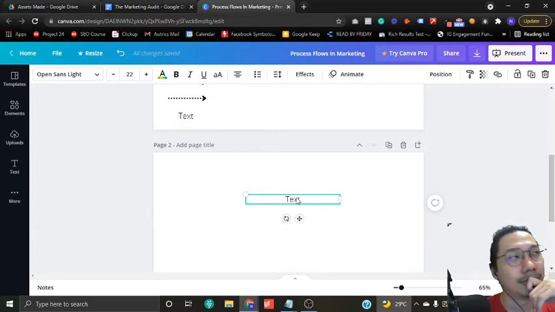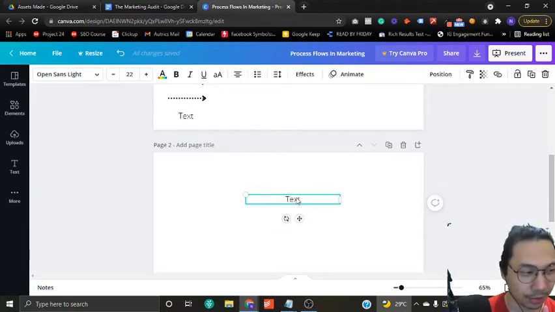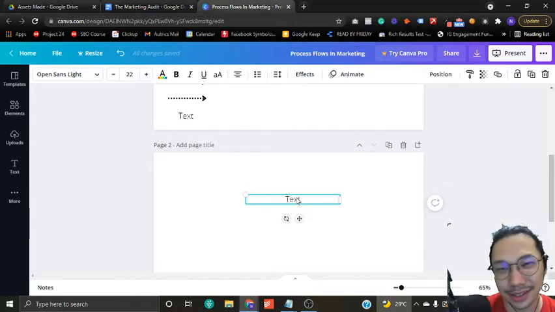A top-down approach to marketing in process flows. When you begin marketing, there are 2 things you need to know: what is your product, and what is the customer persona, or who is the audience? Kind of the same thing.